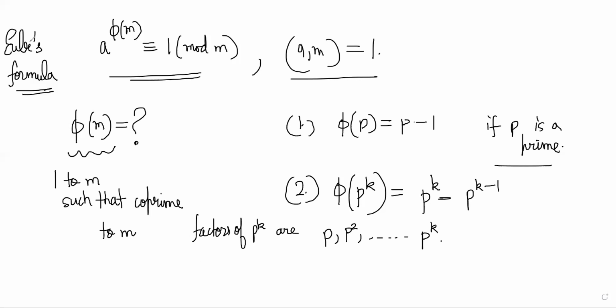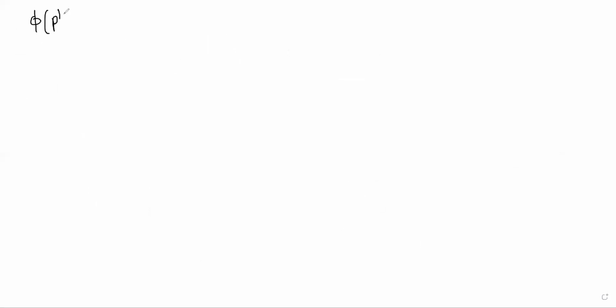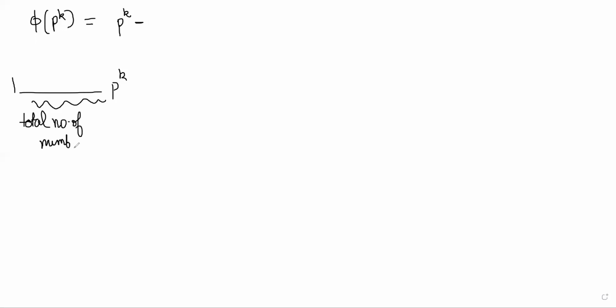So if I want to calculate phi of p power k, the total number of numbers from 1 to p power k is p power k. So we count p, 2p, 3p, until p to the power of k.